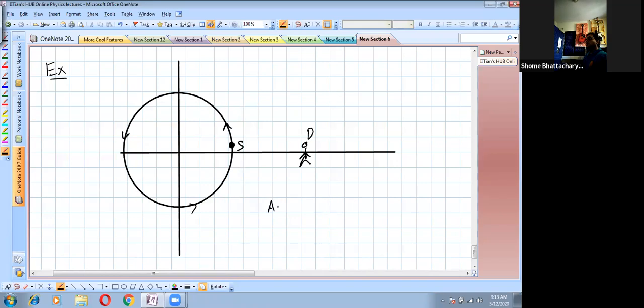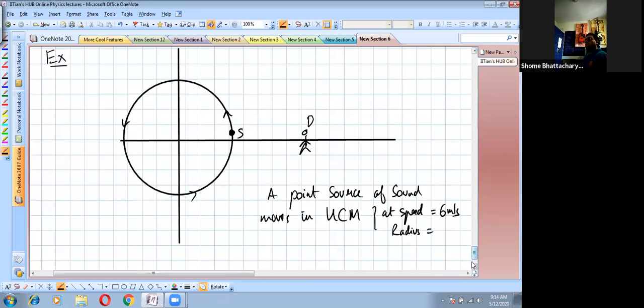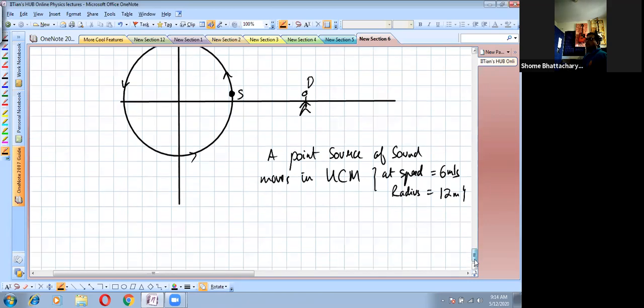So a point source of sound moves in uniform circular motion at speed, let us say 6 meters per second, and radius, let us say radius is 12 meters.